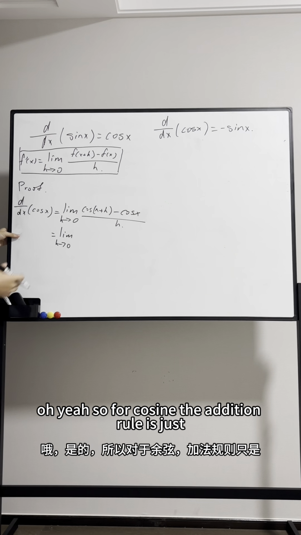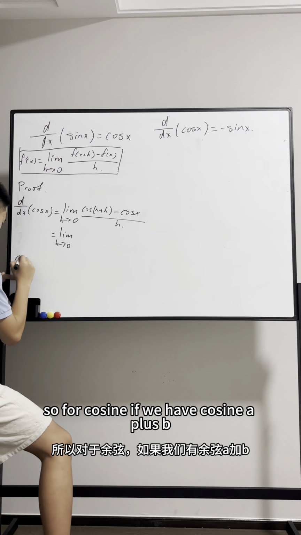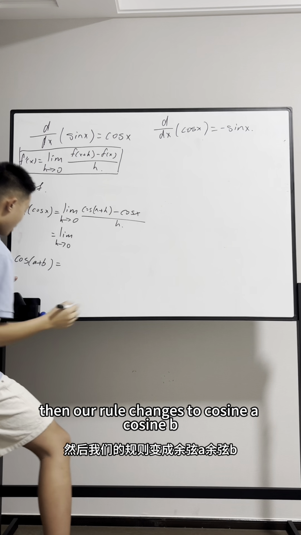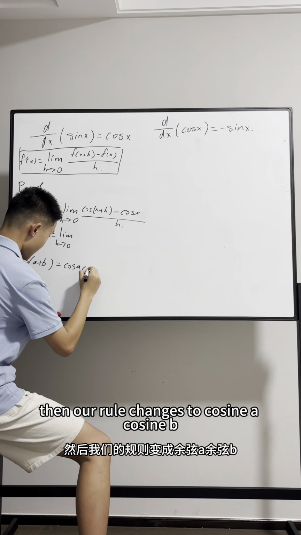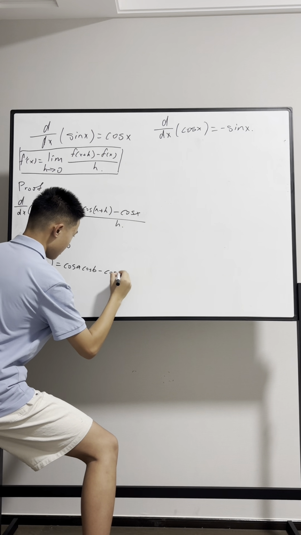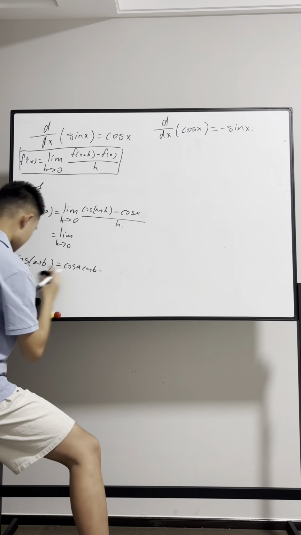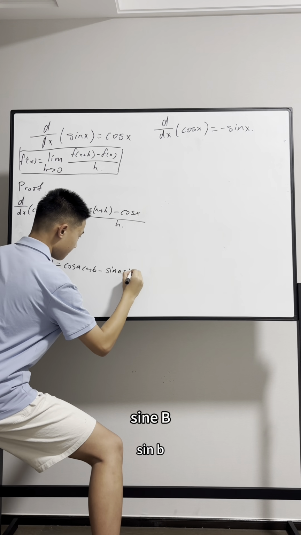Now using the addition rule, for cosine the addition rule is just slightly different. So let me write it right here. For cosine, if we have cosine of a plus b, then our rule changes to cosine a cosine b minus sine a sine b.